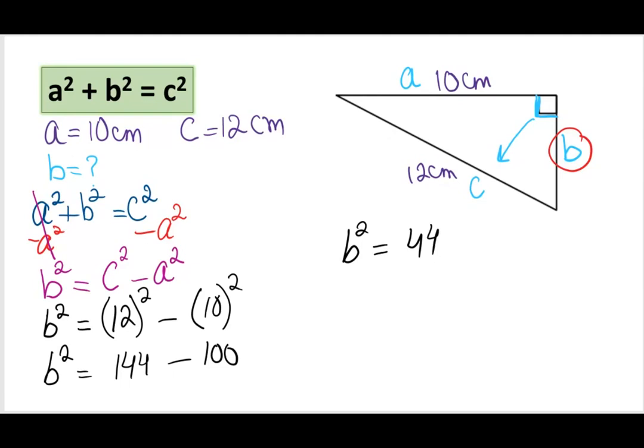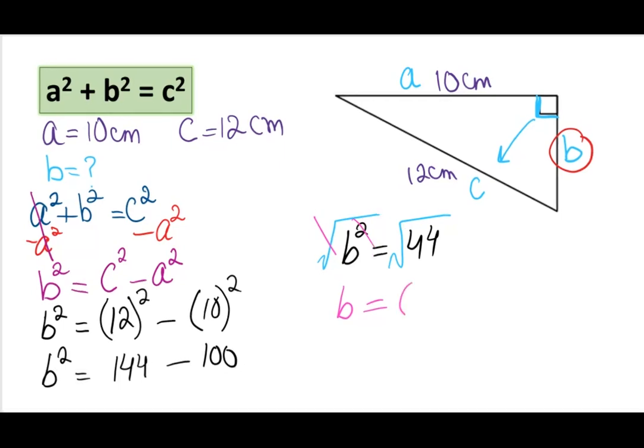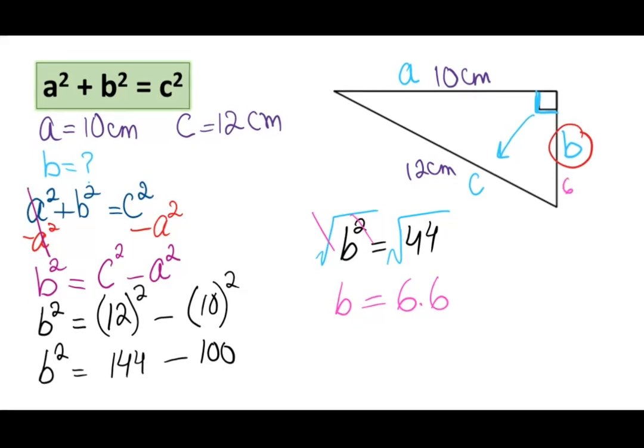We need to find b, so we're going to cancel this square by taking the square root. What we do to one side, we do to the other side. The square root and the square cancel each other out. We are left with b equals the square root of 44, which is 6.6. So side b is 6.6 centimeters long.